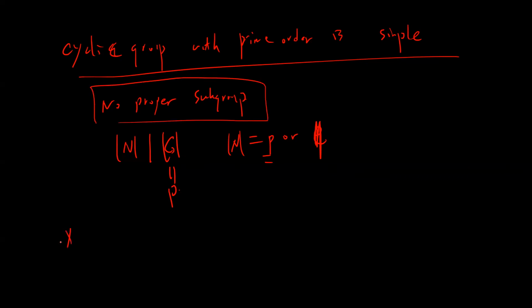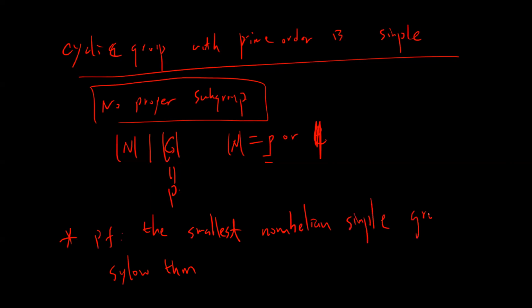Okay, and I have built a video list. We will use the Sylow theorem in the future to prove that the smallest non-abelian simple group is A5, which is the even permutations of 5 symbols, whose order is 60.